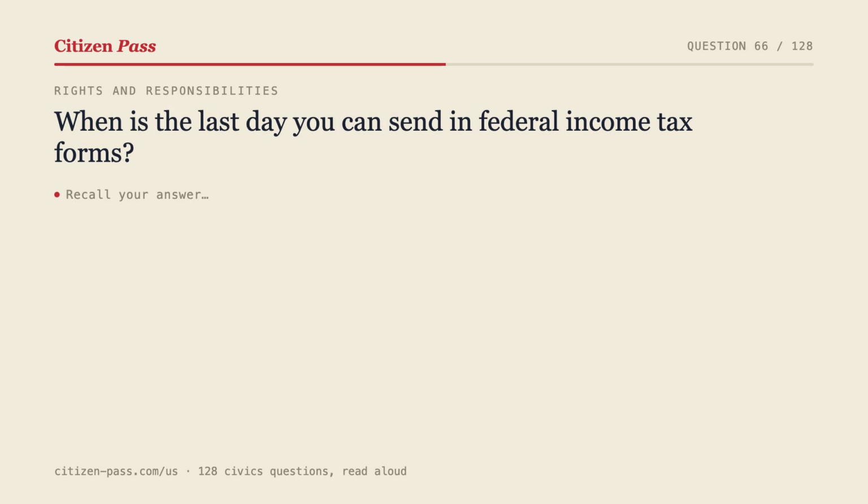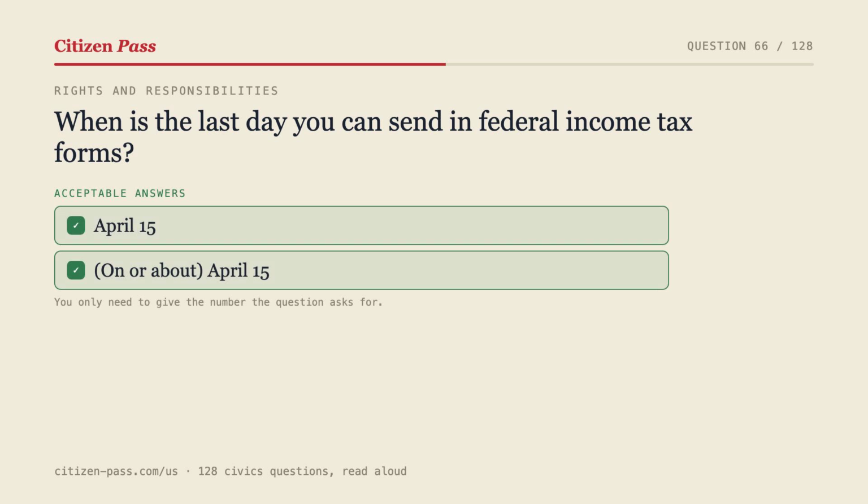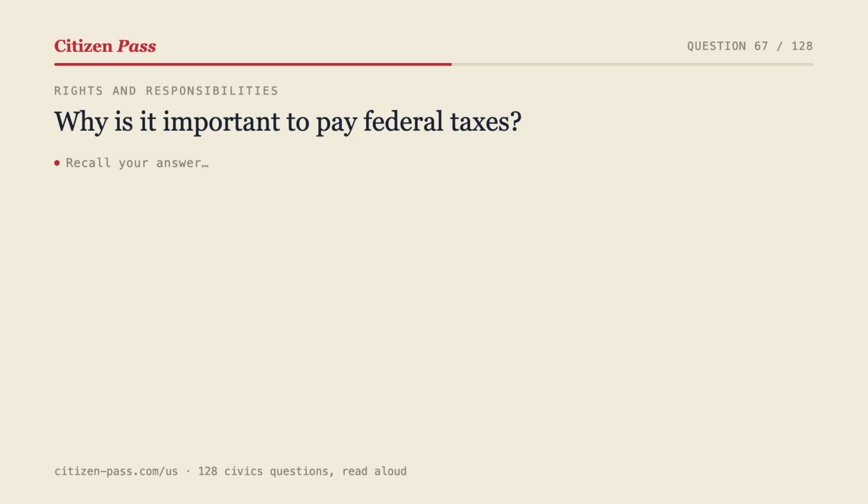When is the last day you can send in federal income tax forms? Acceptable answers include April 15th or on or about April 15th. Why is it important to pay federal taxes?